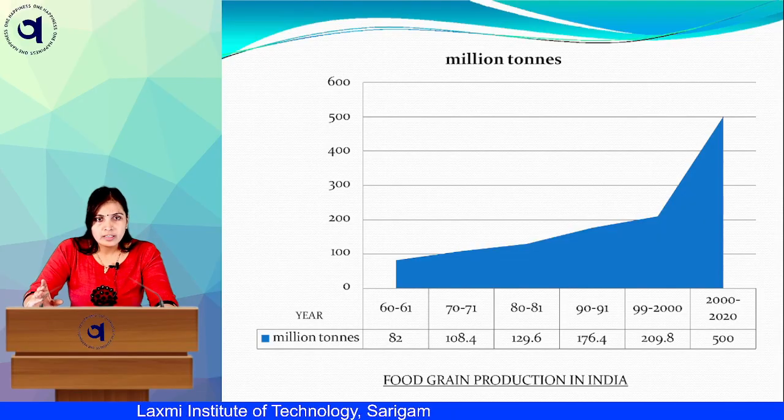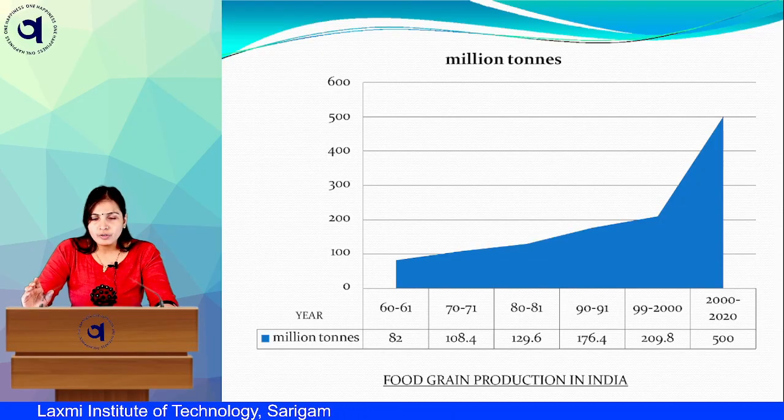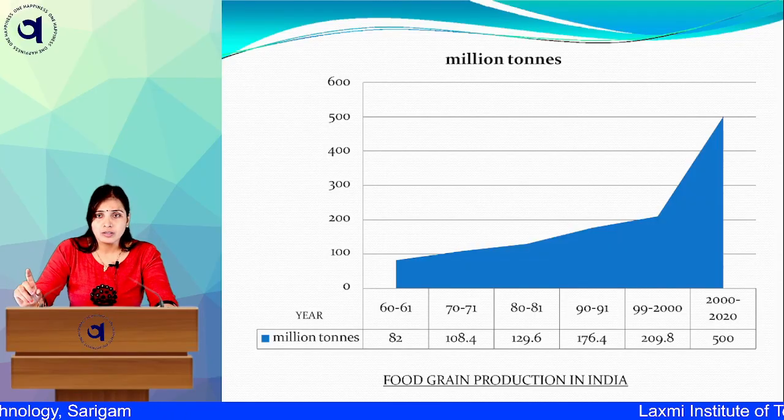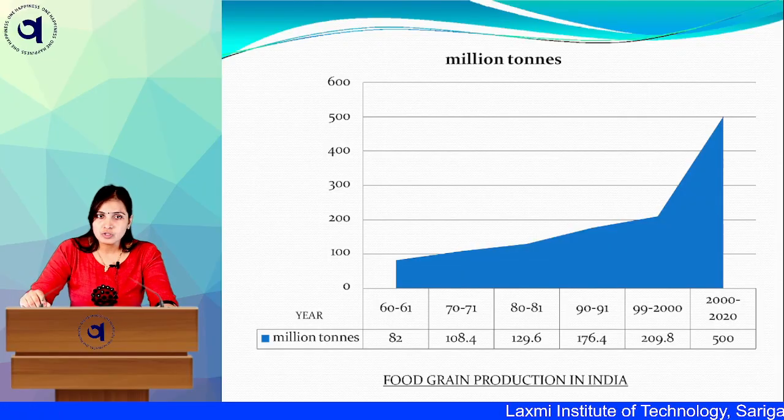In 1970-71, we just crossed 100. In 1980-81, there was a little increase, at a progressive stage, but in the graph from 2000 to 2020, production has increased much more, up to 500 million tons in India, just because of the irrigation system, irrigation networking.